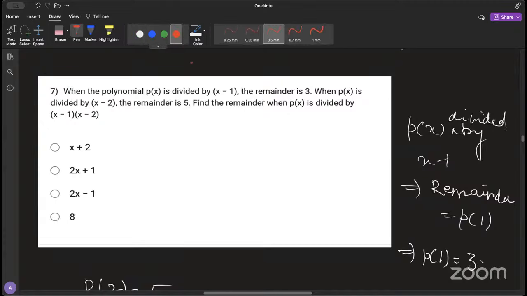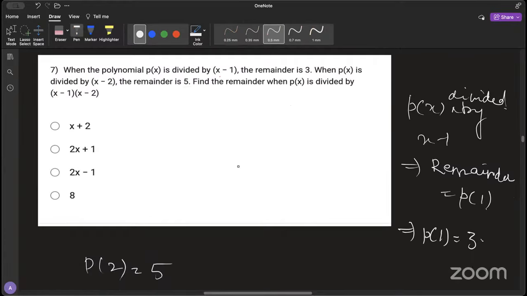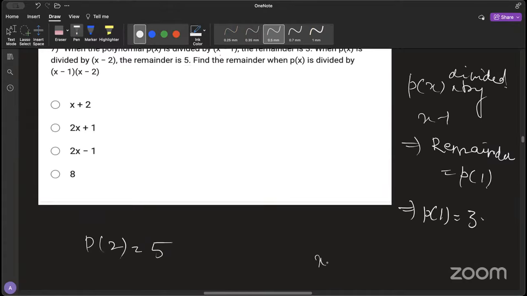Let's just assume that if you have x minus 1 here, I don't think this information is complete to find the remainder. Because there's no direct formula for you to find the remainder for (x minus 1)(x minus 2), and you will need the degree of the polynomial. So can you reconfirm whether there is a typing mistake or any piece of information is missing?